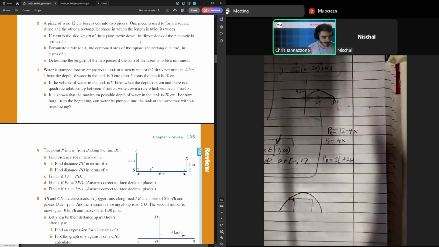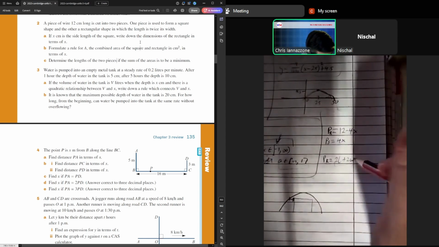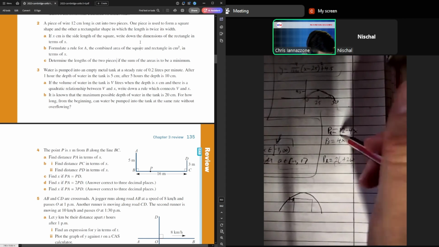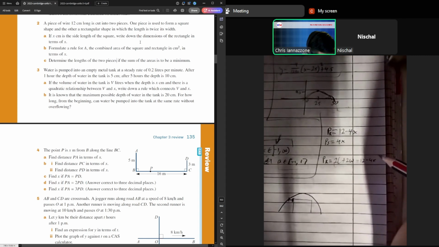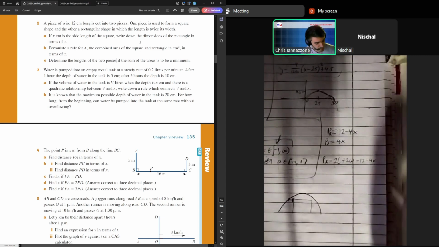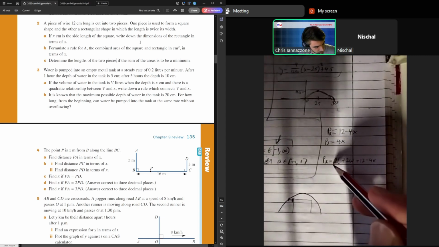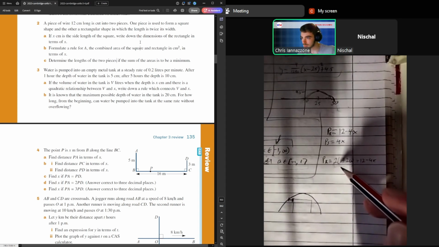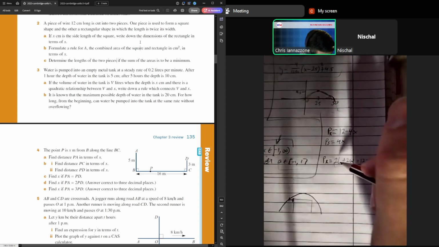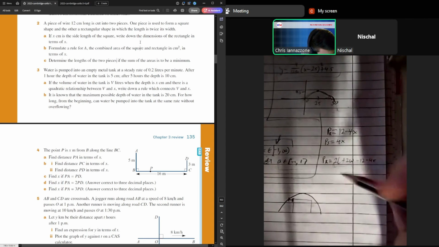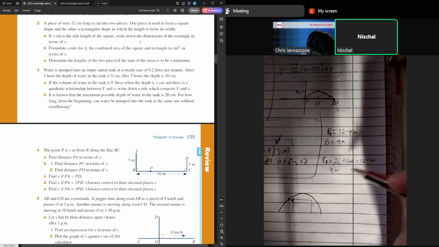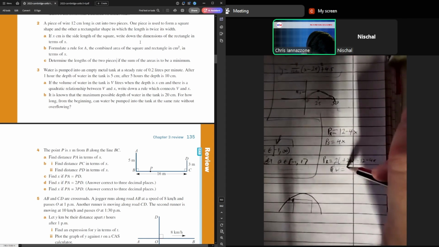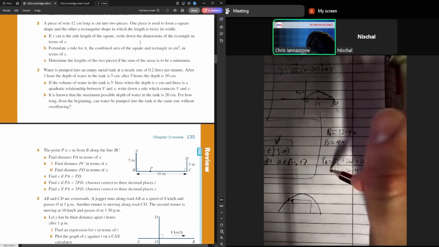So 2L plus 2W is equal to 12 minus 4x. We know the length is twice the width, so instead of L, we can say an additional 2W. So it's going to be 6W total, 12 minus 4x.